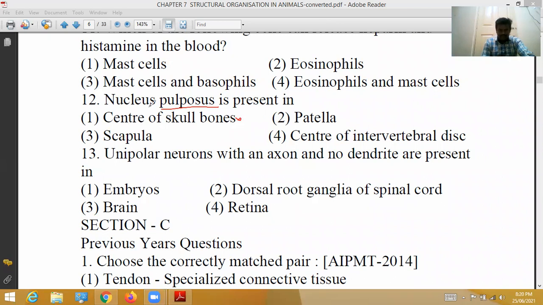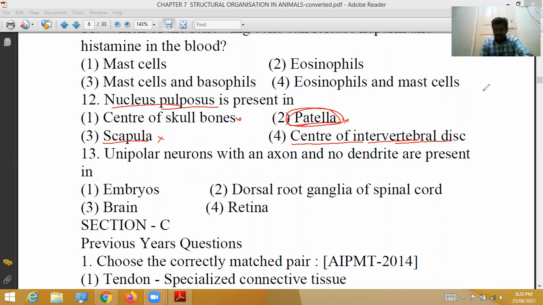In the skull bones, nucleus pulposus is not found. Patella, the kneecap, we cannot find it there either. Scapula, also we cannot find it. Yes, the center of the intervertebral disc. At the center of the intervertebral disc, a soft area is present. That is called nucleus pulposus, at the center of intervertebral discs.